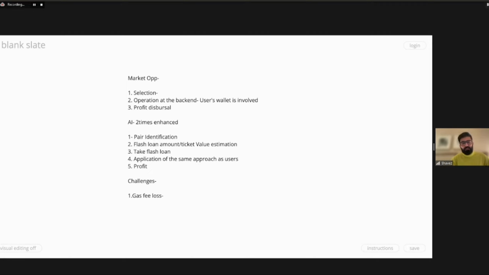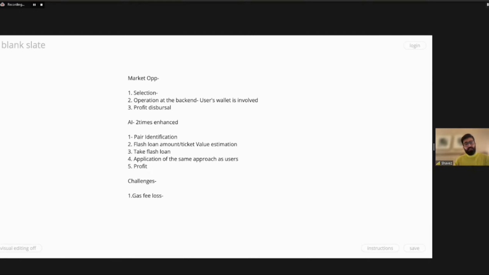So it is now a whole challenge-free scalable product in which you will get the screen of market opportunities in which you will have pairs flashing, and this information will be first hand to the users, because this whole arbitrage ecosystem, or you can say the mispricings, are available to everyone, and everyone in the market who is sitting to cash these opportunities out is a competitor of yours as a user.